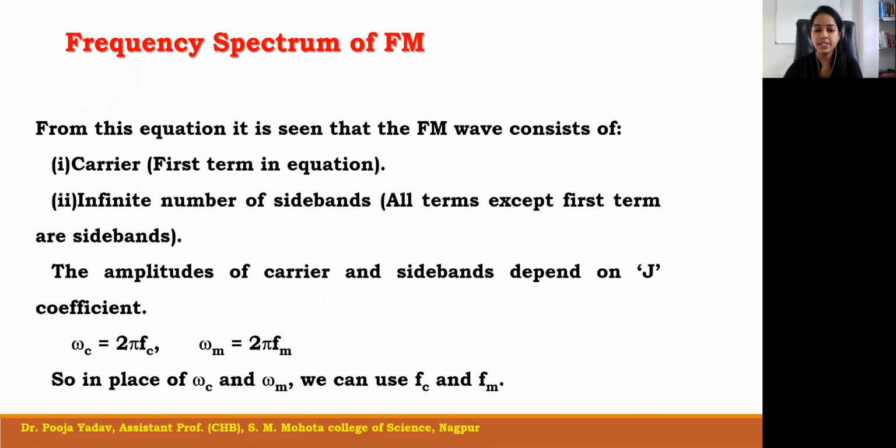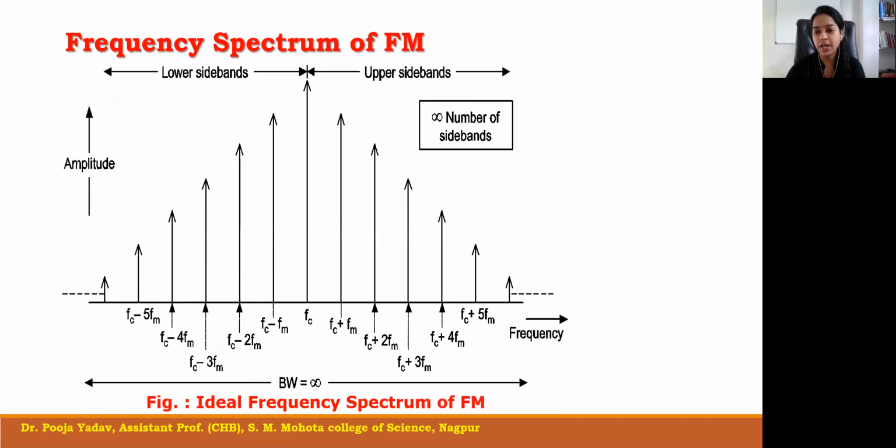So in frequency spectrum what we have is the center frequency, that is carrier frequency, and an infinite number of sidebands. Here we represent these sidebands in terms of fc as fc plus fm for upper sidebands and fc minus fm for lower sideband, and this total is called as the bandwidth for the frequency modulation.